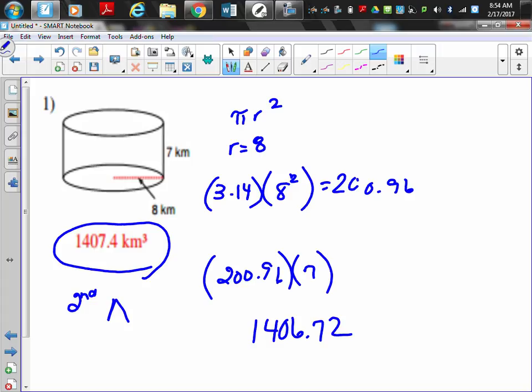Do not erase what you did. Do not erase the whole problem. Don't erase anything that you did. This is how you're going to be able to understand where you went wrong. So circle where you made your mistake with the red pen. Then you will show your corrected work off to the side.